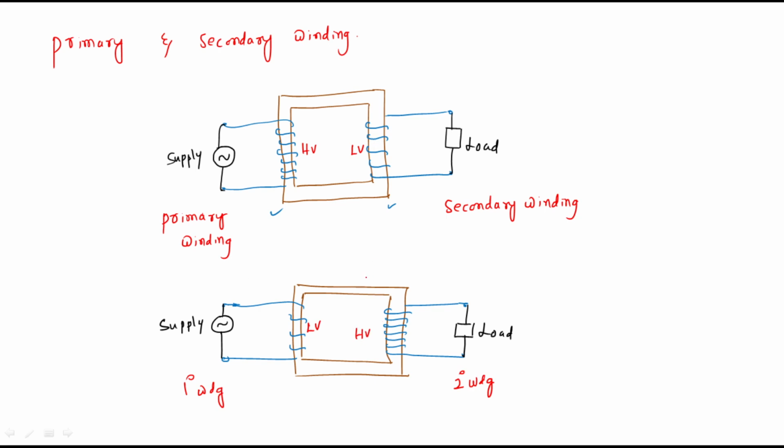So finally, what is the conclusion? Low voltage or high voltage winding plus supply is equal to what? Primary winding, right?